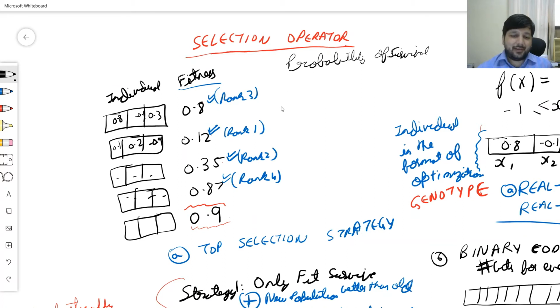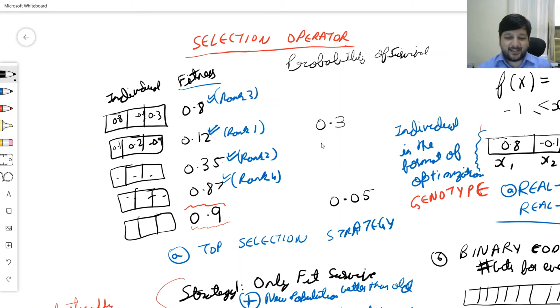So this individual should have high probability of survival. So let me randomly do it. I'll formalize this up a little bit later. So let's say it's 0.3, and this individual, which is the last, should have nearly 0 probability of survival.